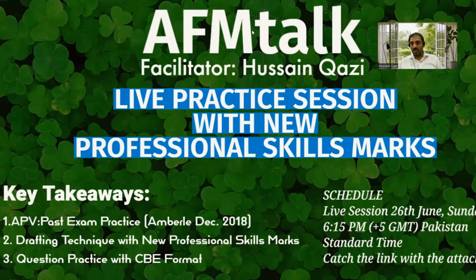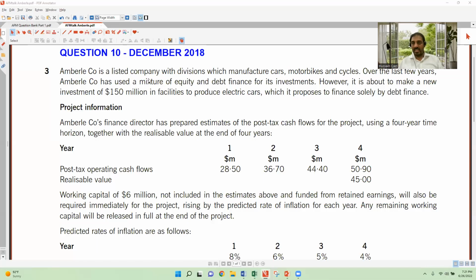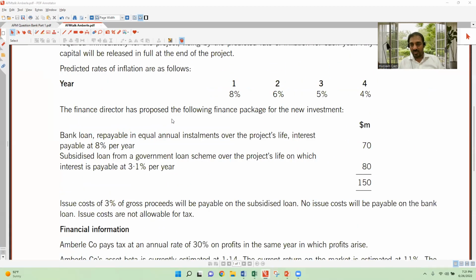Now, we are going to start our session by reading the question of Amberle. It is a 25 marks question in section B of AFM, as examined by the examiner from September 2018 onwards.